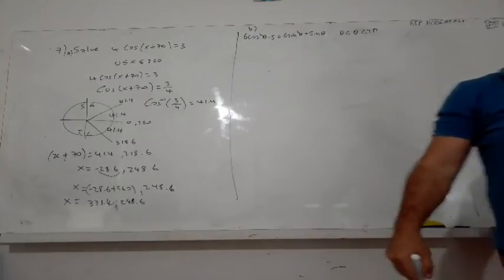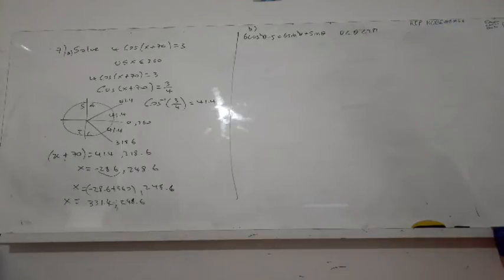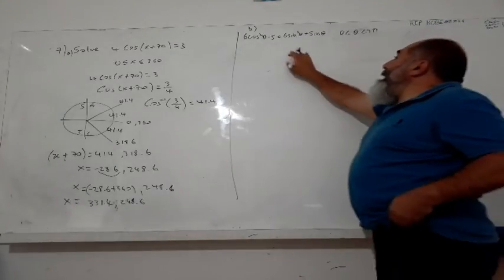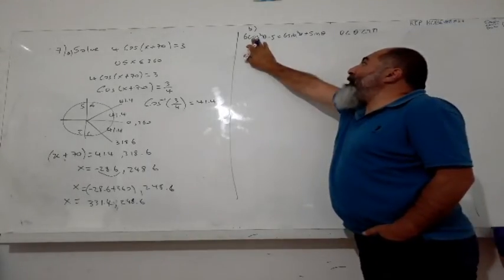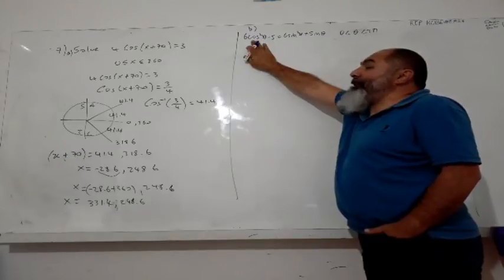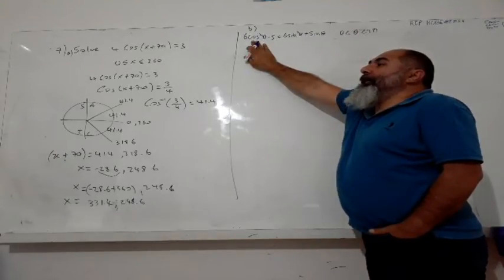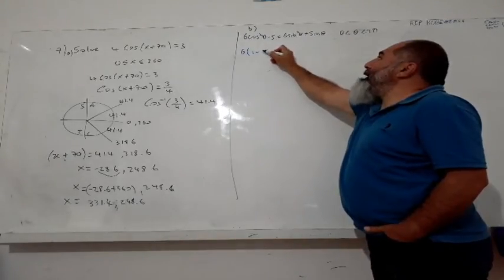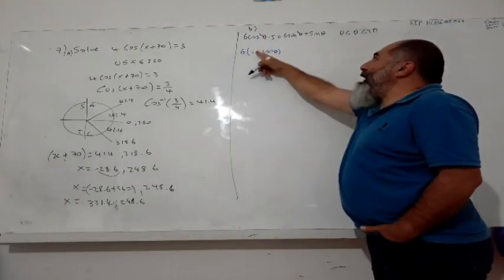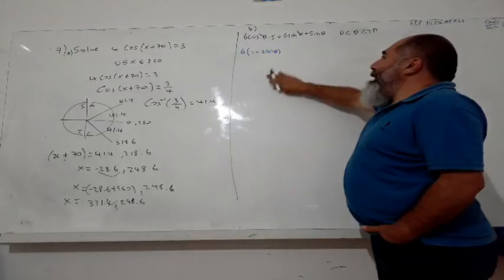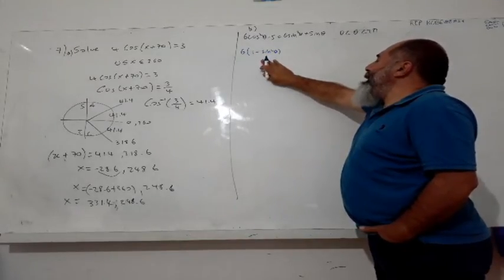Now, here, this is in terms of sine, so we have to rewrite cosine squared theta in terms of sine as well. And what is that? It is 1 minus sine squared theta. Instead of cosine squared theta, I rewrite the equivalent expression for that, which is 1 minus sine squared theta, minus 5 is equal to 6 sine squared theta plus sine theta.